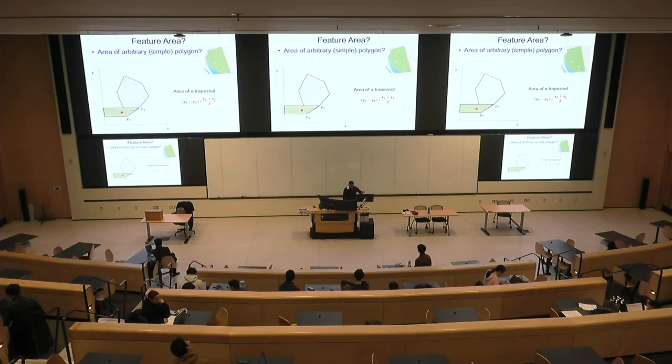So, since y2 is greater than y1 in this case, the net area here is positive. When you do (y2 minus y1) times (x2 plus x1) over 2, this is positive, right? So we do that once, and then because we know that the points are ordered, the next point that we're going to go to, for example, is going to be this point here.